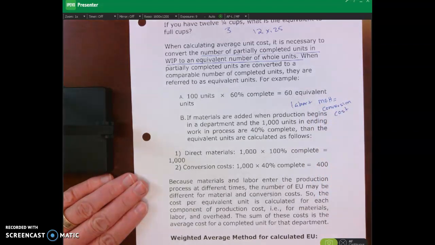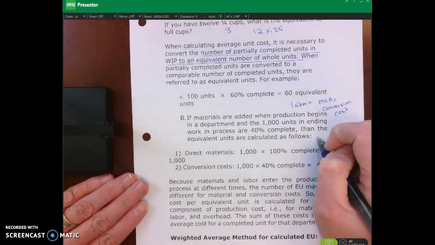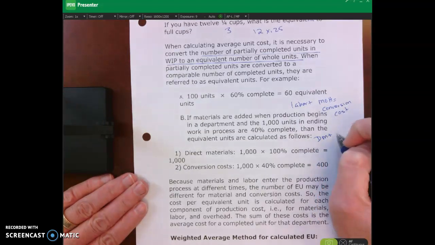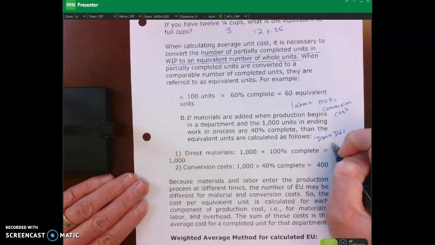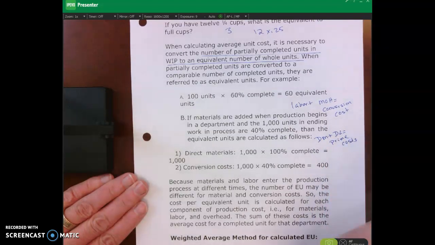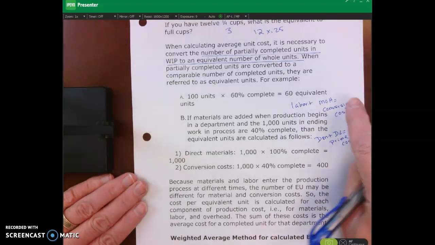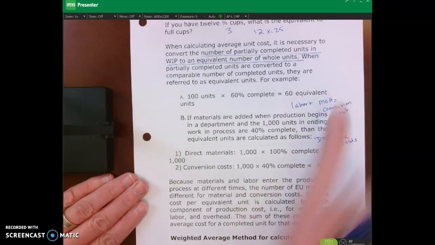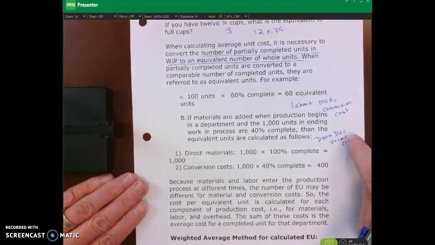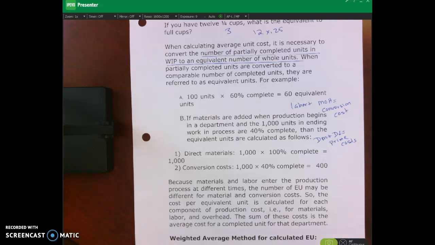That's just a term. And another term is that direct materials plus direct labor equals what we call prime costs. Those are just terms that you need to know. So conversion cost equals direct labor plus manufacturing overhead. Prime cost equals direct materials plus direct labor.